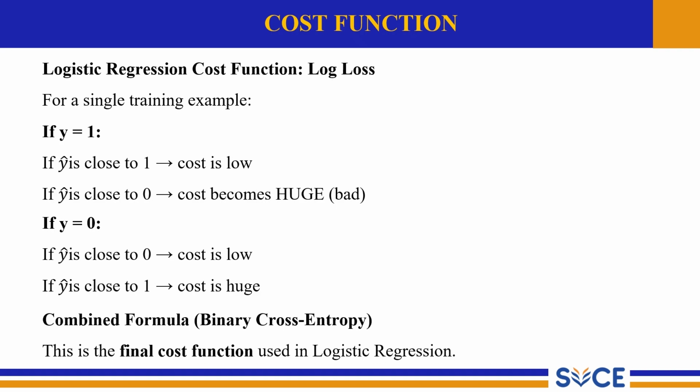If y cap is close to 1, cost is very high. So the combined formula, binary cross entropy or log loss, ensures the model is strongly penalized for confident wrong predictions, guiding logistic regression to produce accurate probability estimates.